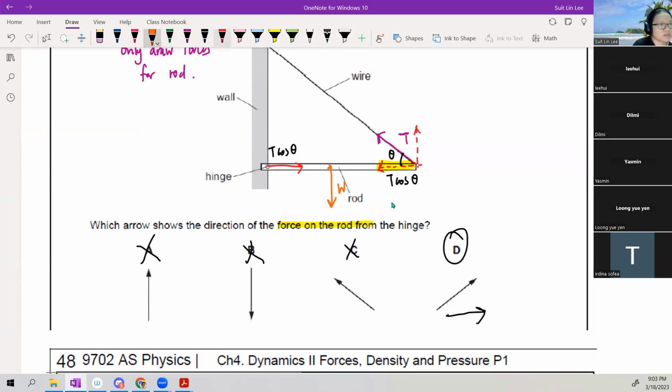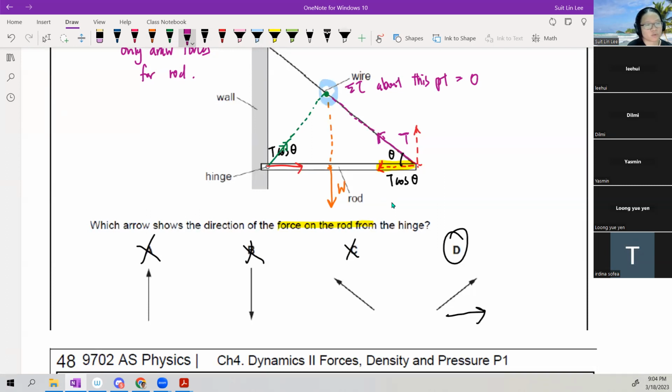But here is a shortcut way to do things. If I extrapolate the line of action of W and I extrapolate the line of action of T, they will both meet at this point, which means the third resultant force must also meet at this point so that the resultant torque is zero. So the net torque about this point becomes zero.